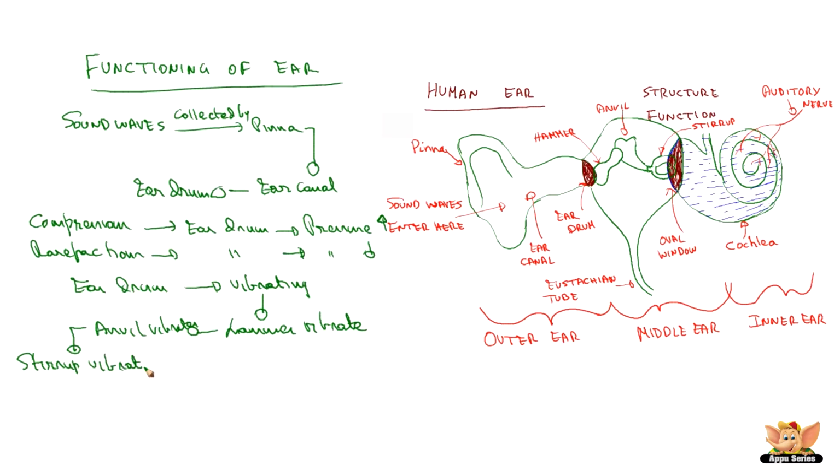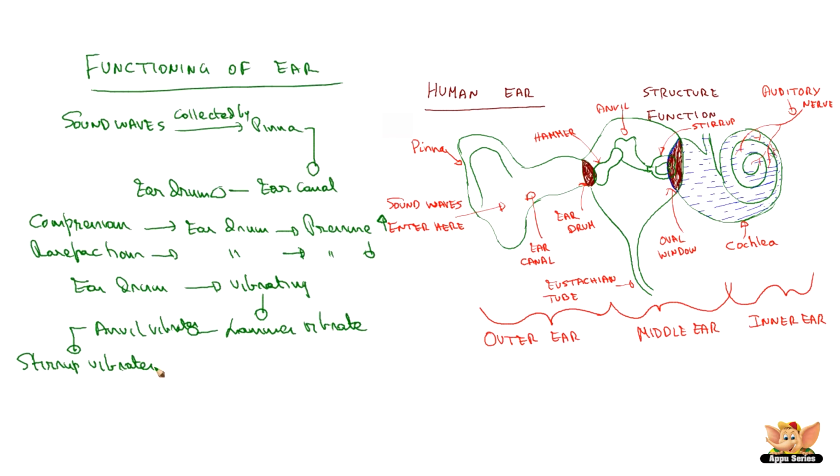Basically, all the tiny bones start vibrating. So the vibrations from the eardrum, based on the compressions and rarefactions of the sound wave, make all the tiny bones vibrate.